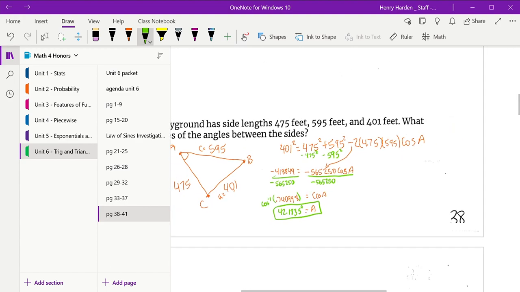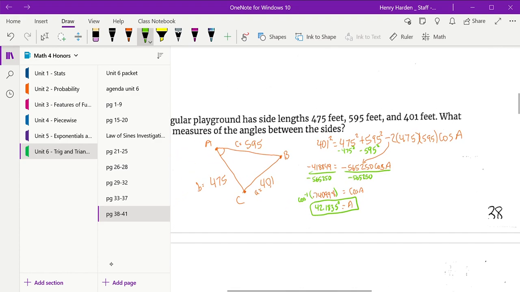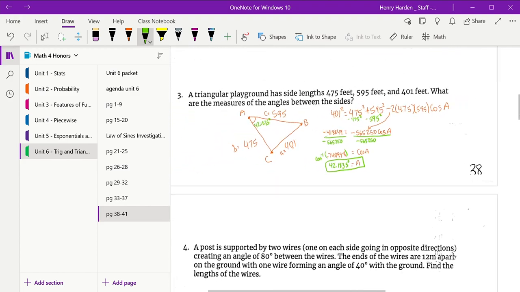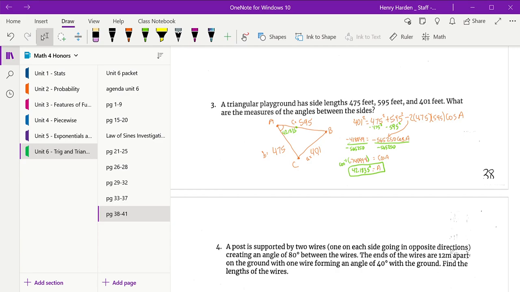All right, and now that we know angle A, we pretty much can find another angle doing a law of cosines for that. Let's see, I don't have a lot of room here. So I'm going to do this.